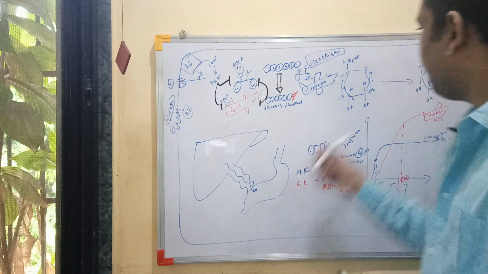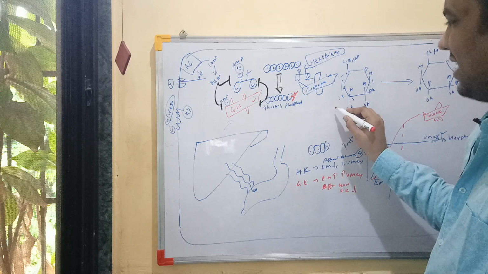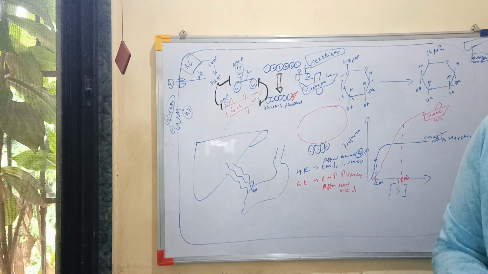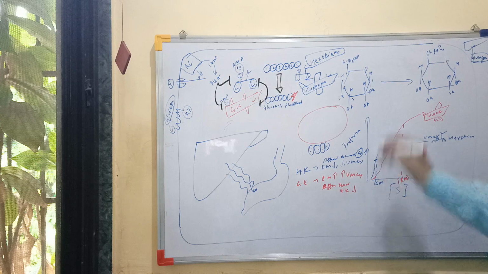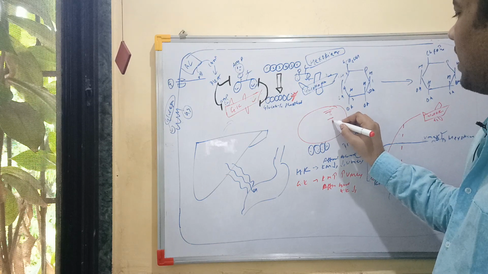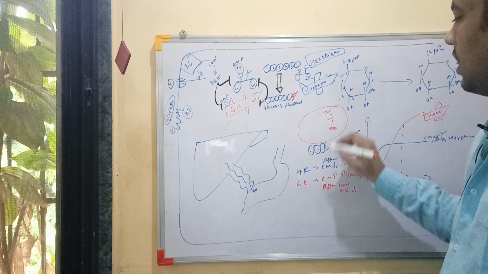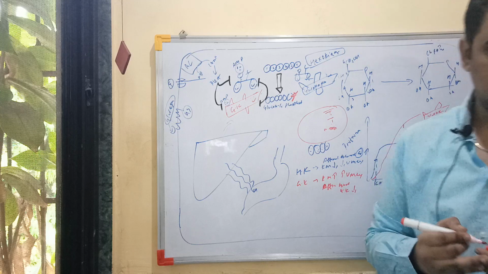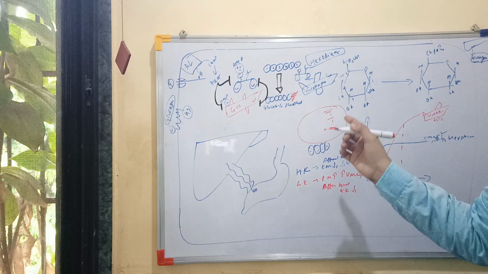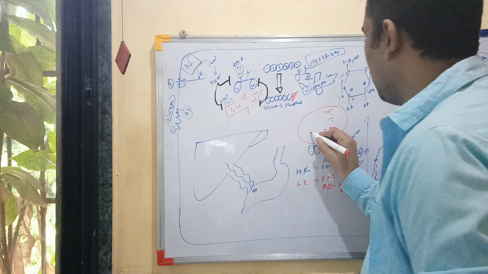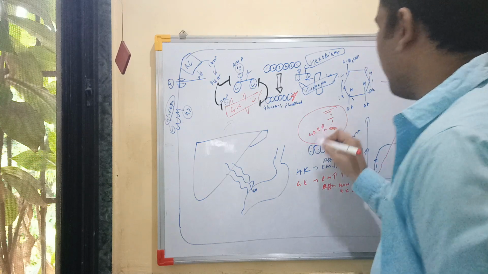Let's say this is the nucleus. I am just drawing the nucleus here. In this nucleus there are specific proteins. Let's say this is the gene. This gene will give rise to mRNA. This mRNA will give rise to protein, and this protein is very important. This protein is glucokinase regulatory protein.